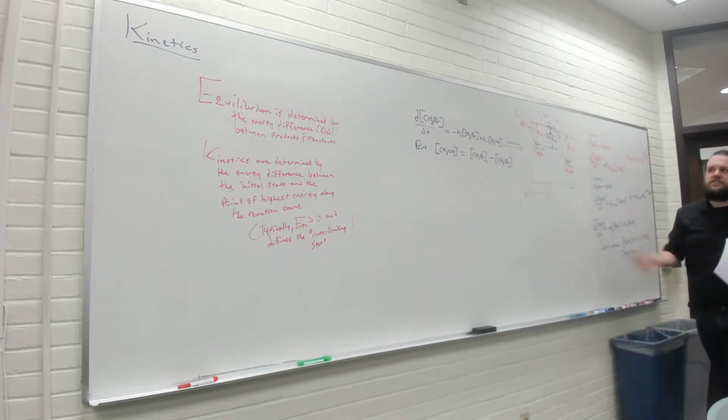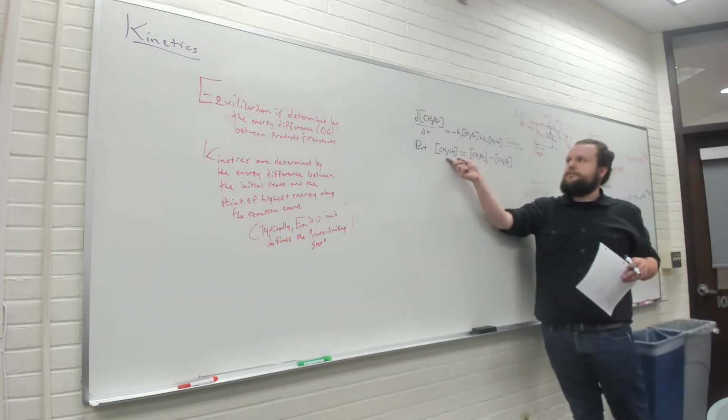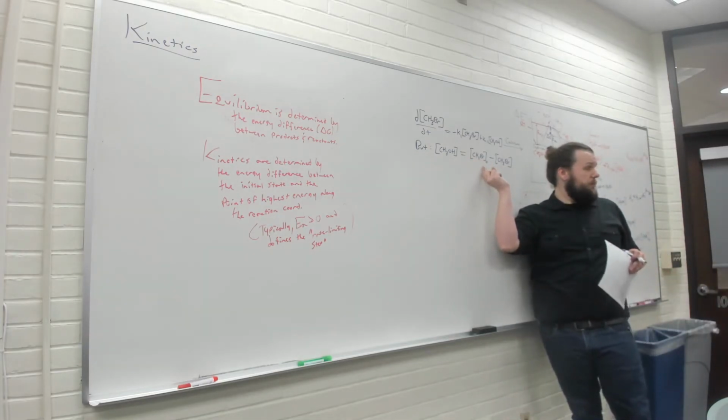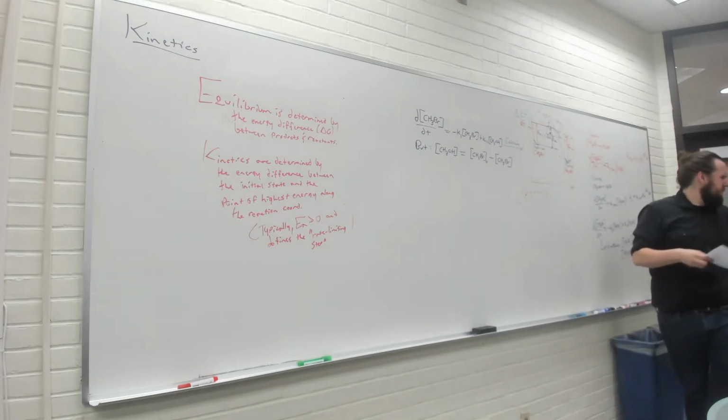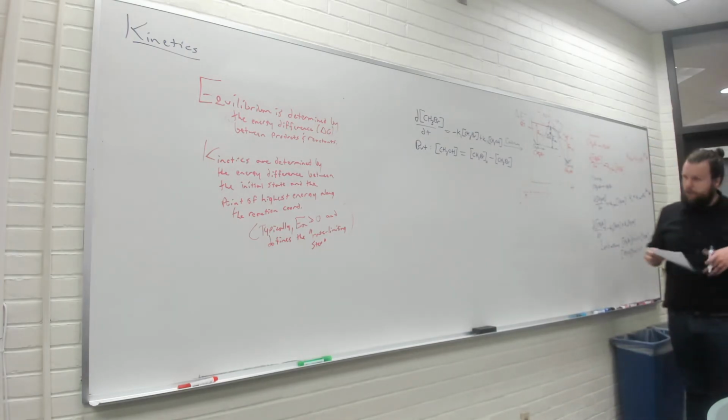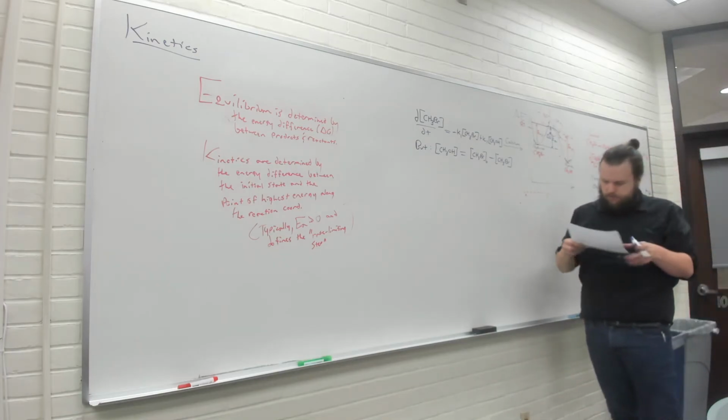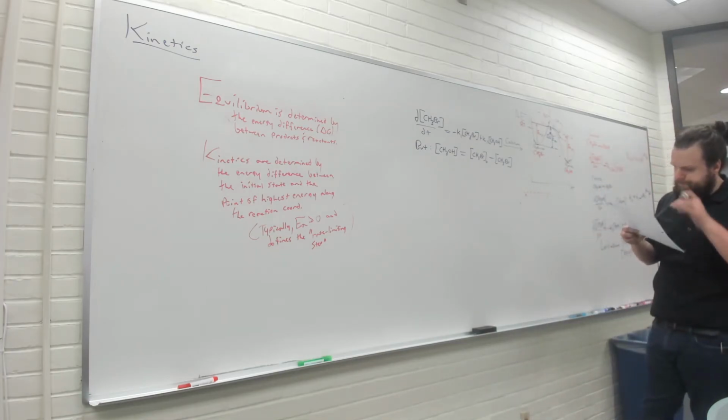Right? If the entire system reacts to completion, then you'll have the same concentration of CH3OH as you had initially for CH3Br. Okay, so we can relate them, right? Because they're the only two things in the system. So as you remove one, you make the other. So they're inversely related to each other.